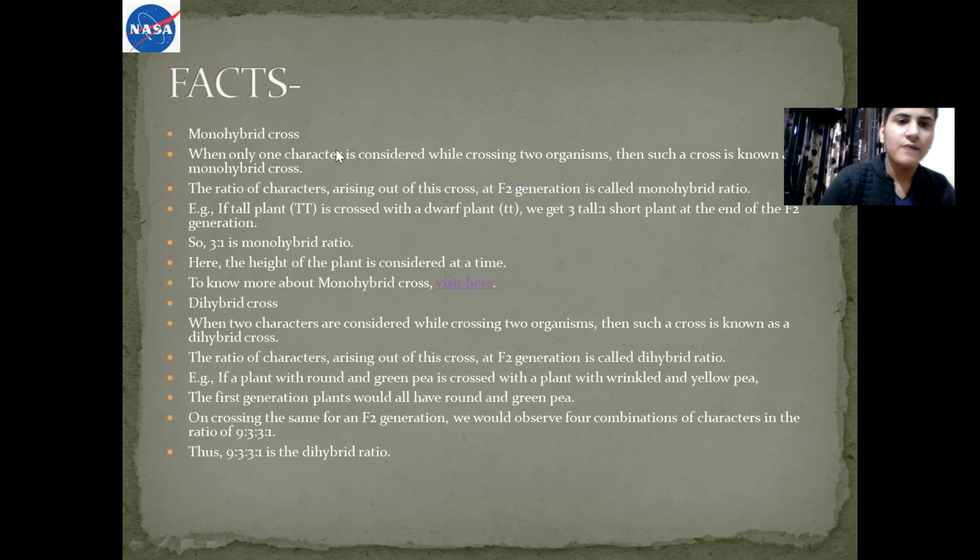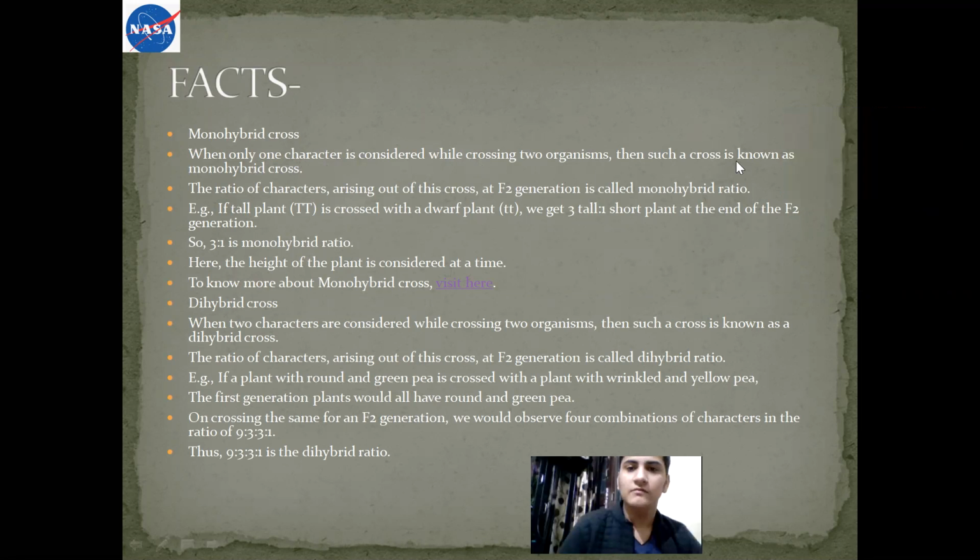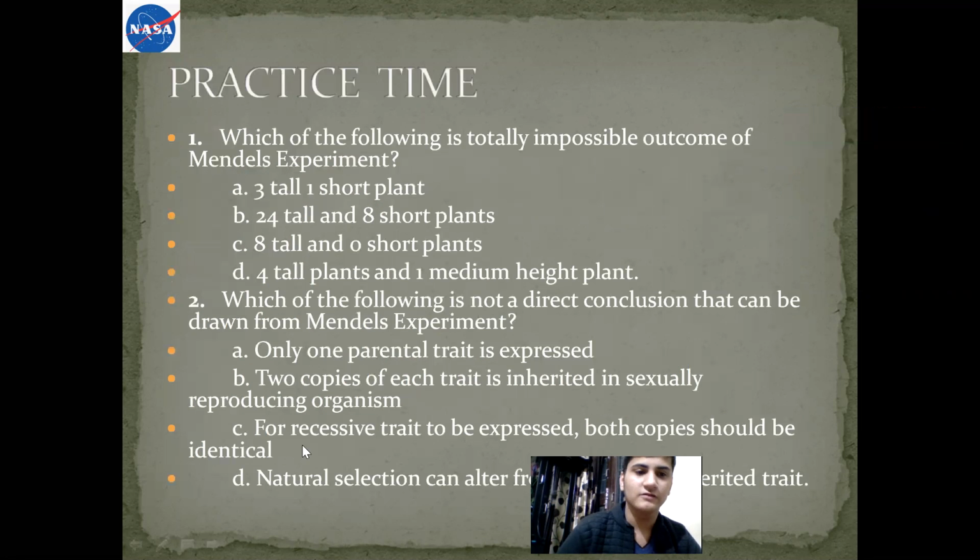Now, facts. Monohybrid cross: when only one character is considered while crossing two organisms, then such a cross is known as a monohybrid cross. The ratio of characters arising out of this cross at the F2 generation is called the monohybrid ratio.